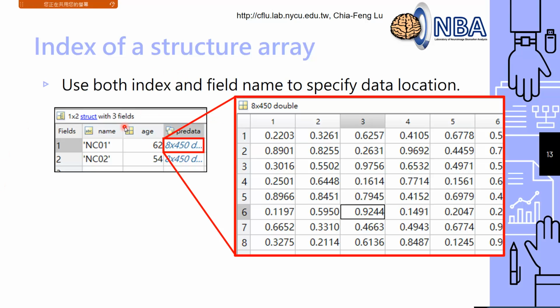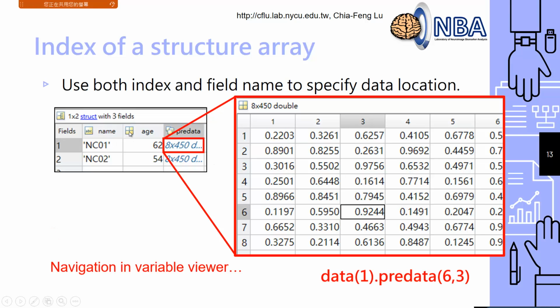What you have to do is start with the data. I think I have the line right here. Yes, you can simply start with data. This is the name of the structure array. Of course, you need to specify that you are going to load the data from this structure array. So you start with data, and of course, you need to clarify which subject's data you are going to read or load.